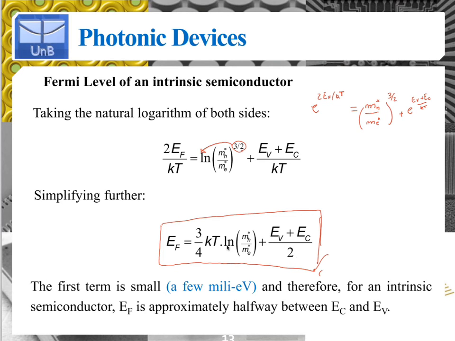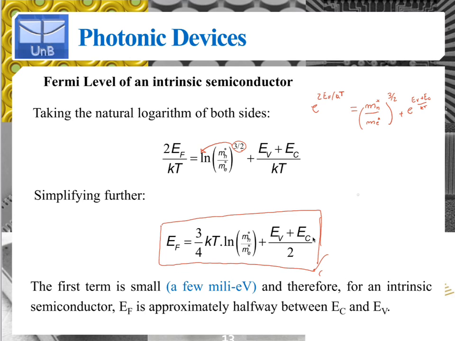Now this term is of the order of a few milli-electron volts, so it's very small compared to this, which, you know, EV and EC are of the order of electron volts, and therefore it's going to turn out that the Fermi level for an intrinsic semiconductor is going to be around this value here, which is the average between EV and EC.